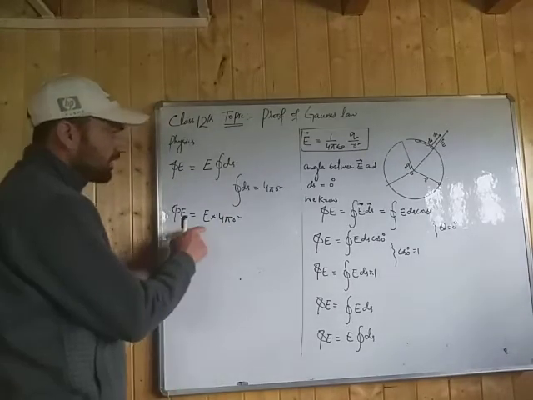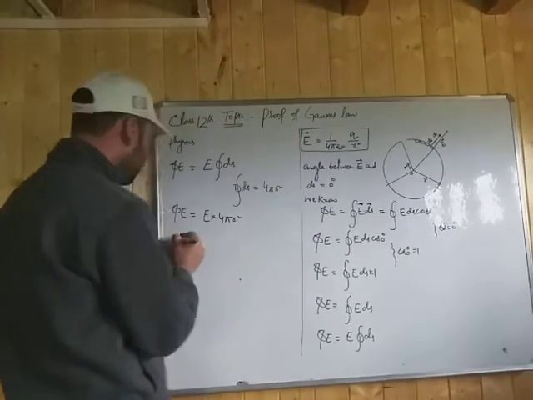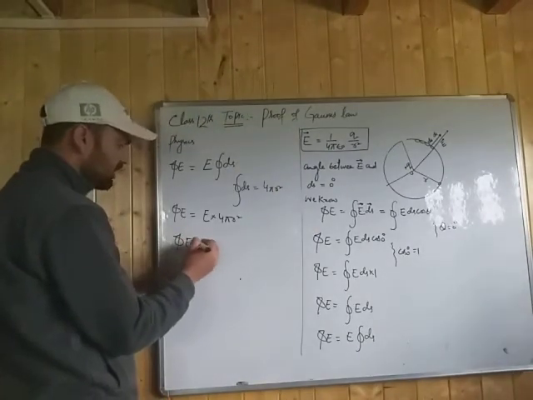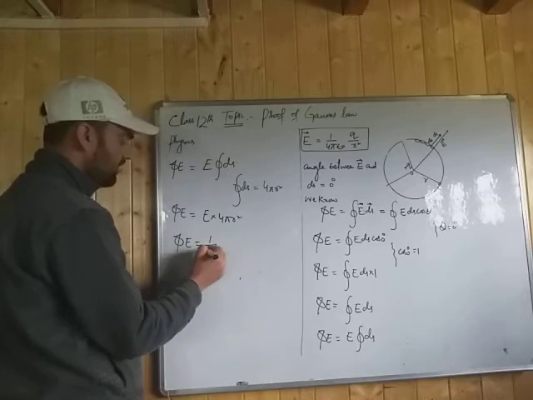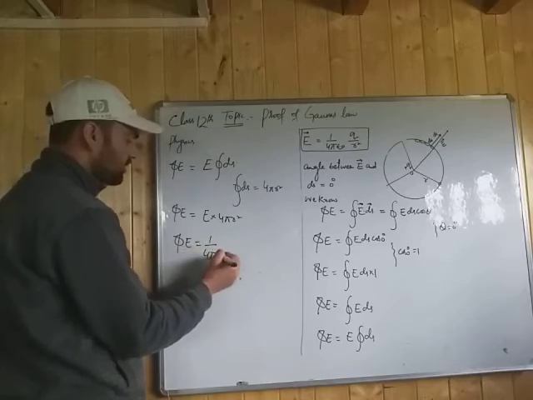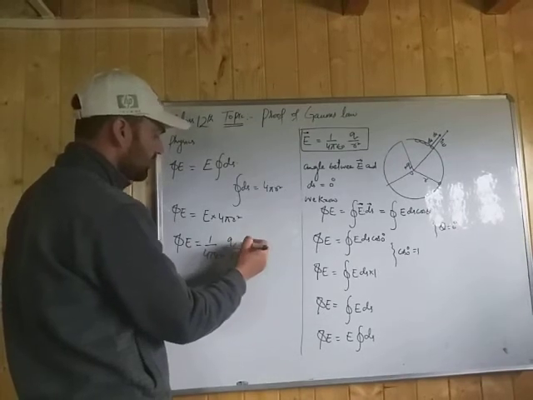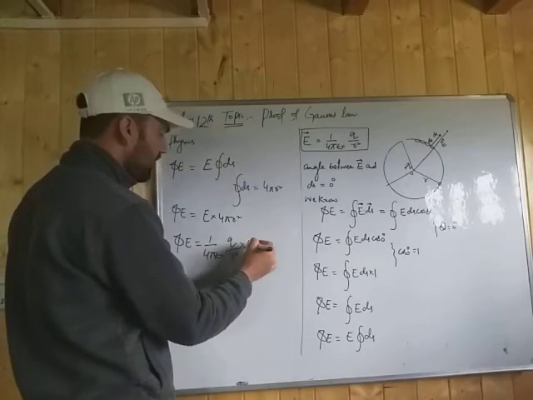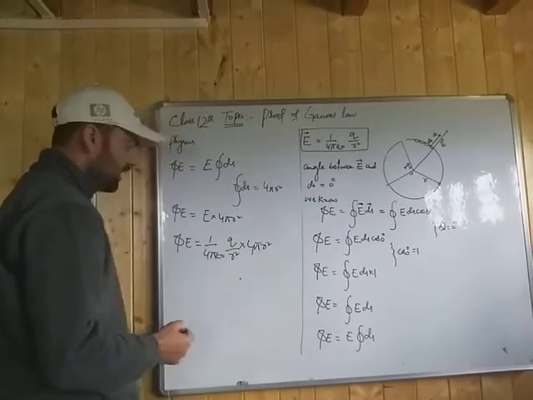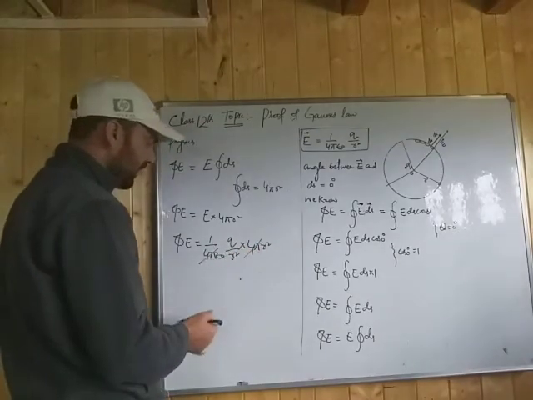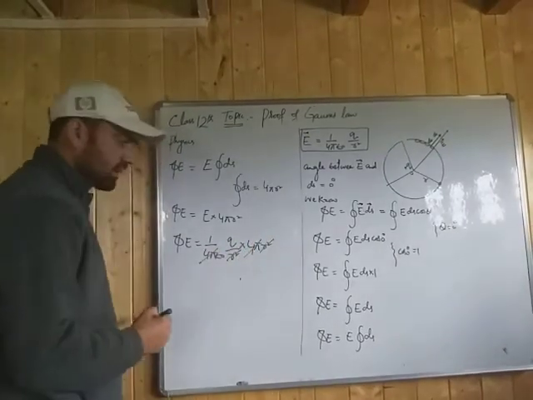But we already know the electric field E. So phi E is equal to 1 divided by 4 pi epsilon naught, q divided by r square, into 4 pi r square. The 4 pi r square and r square will cancel out.